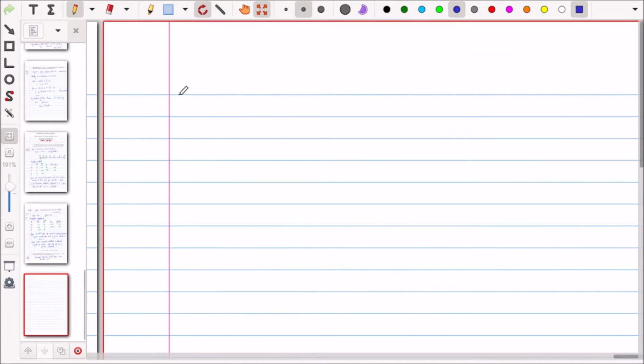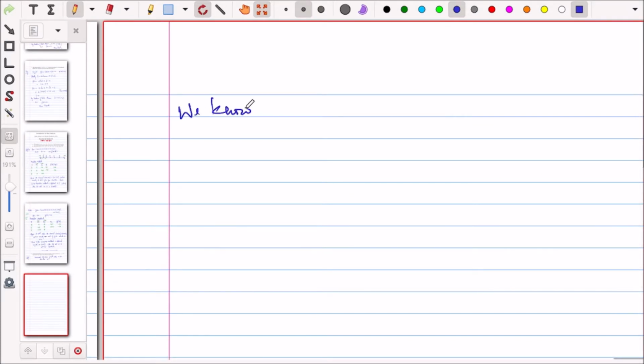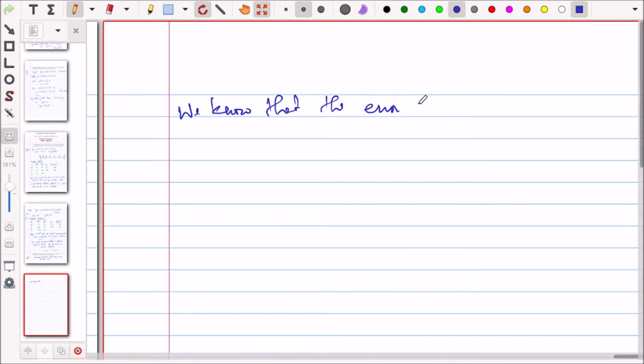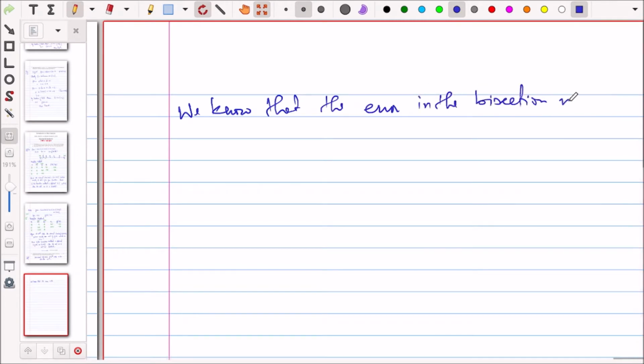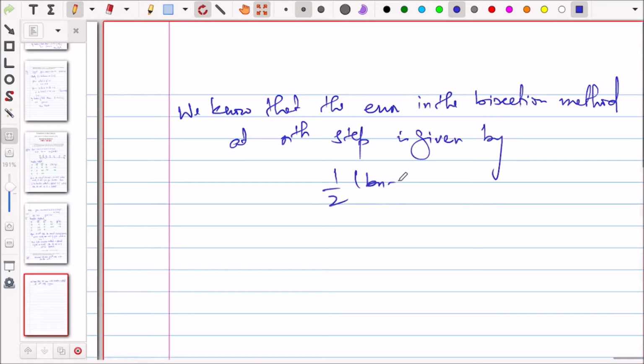Now we know that the error in the bisection method at the nth step is given by 1 by 2 times (bn minus an).